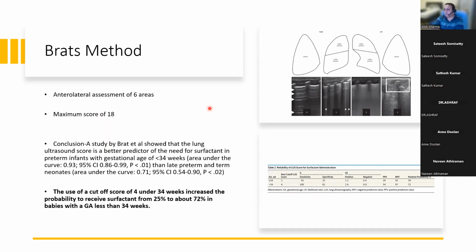So while Brat's method was able to establish that lung ultrasound is a good diagnostic modality, and that lung ultrasound scores can be used to quantify and correlate with the baby's clinical deterioration, oxygen indices, rise in FiO2, and the FiO2 to SpO2 ratio, it didn't quite quantify the most appropriate score for us to act on and predict when to give surfactant. It recommended that further studies be done.